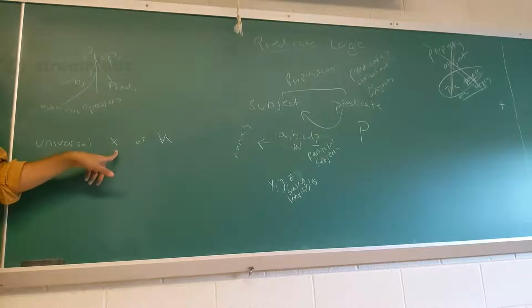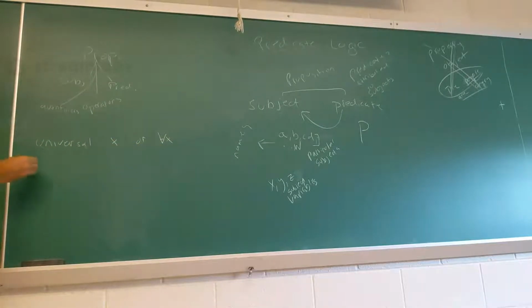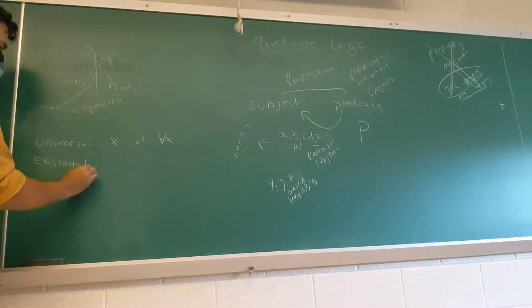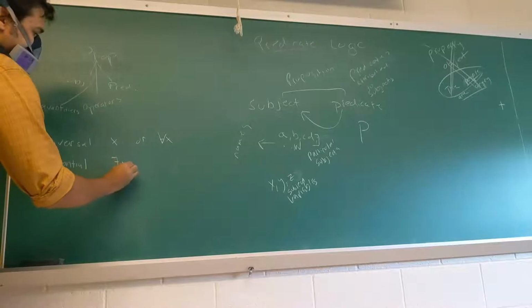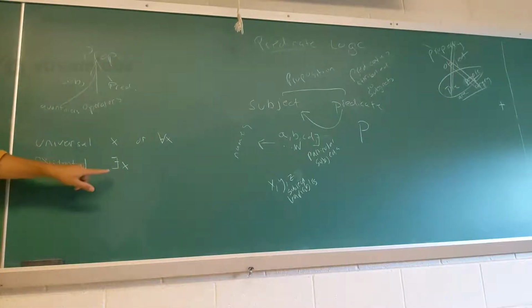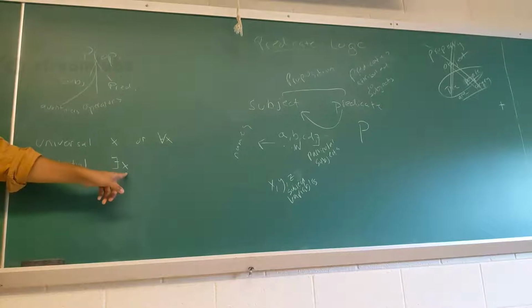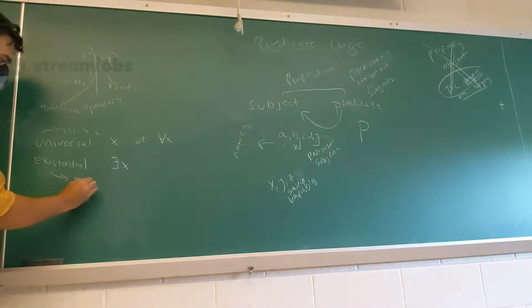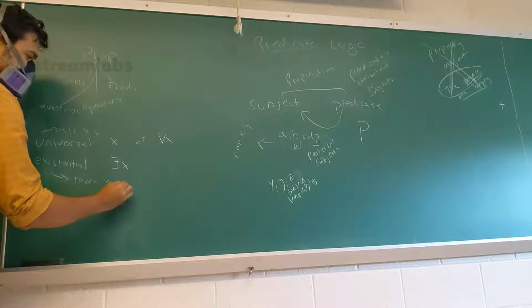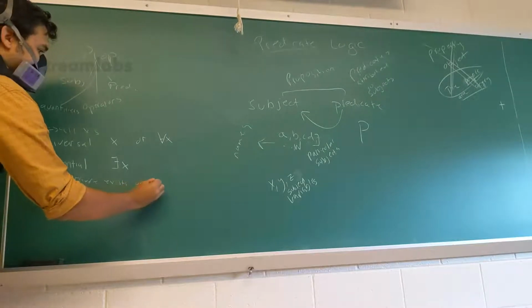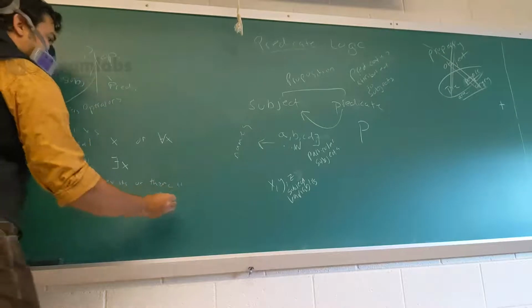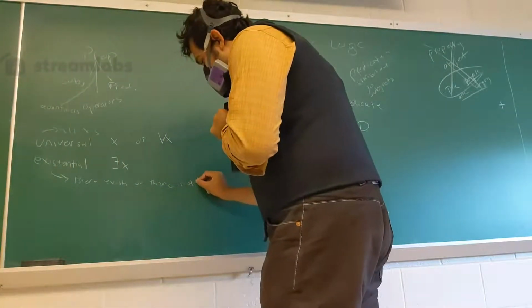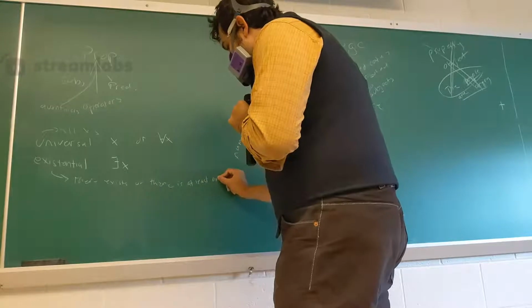Not a particular object, it's saying for all things X. Then we have the existential quantifier, which is the backwards E with an X. And this says there exists an X. So universal says all X's, existential says there exists or there is at least one X.